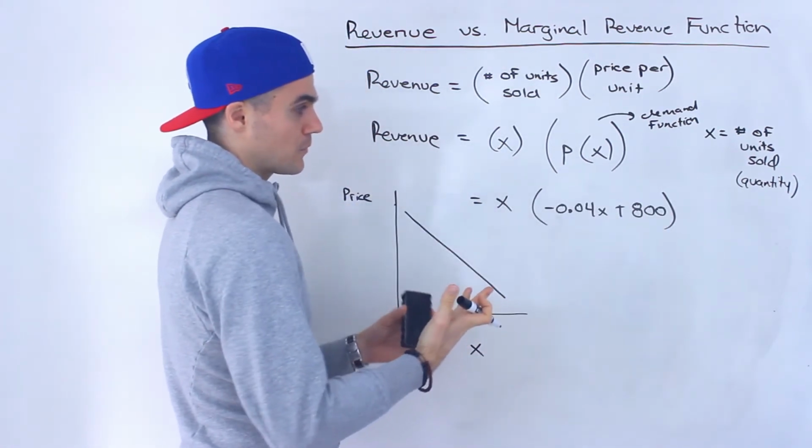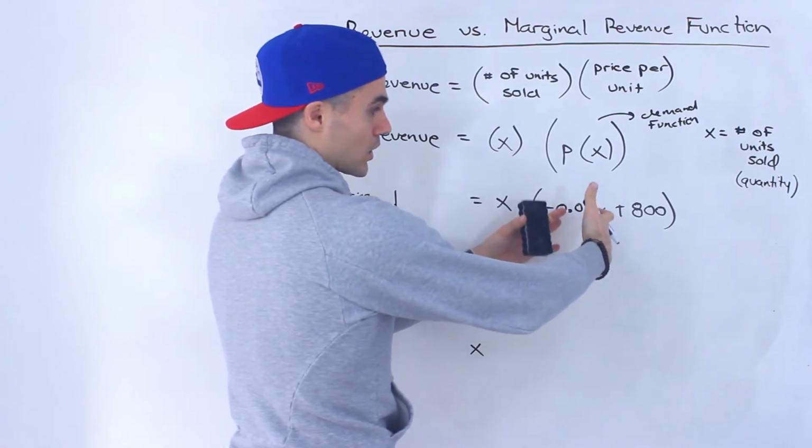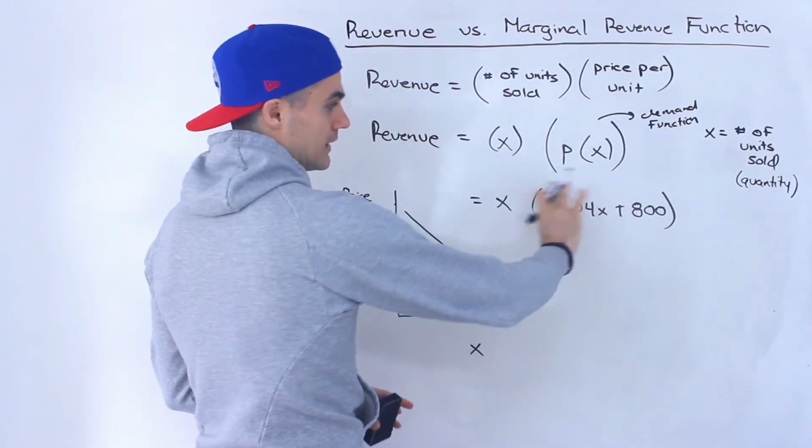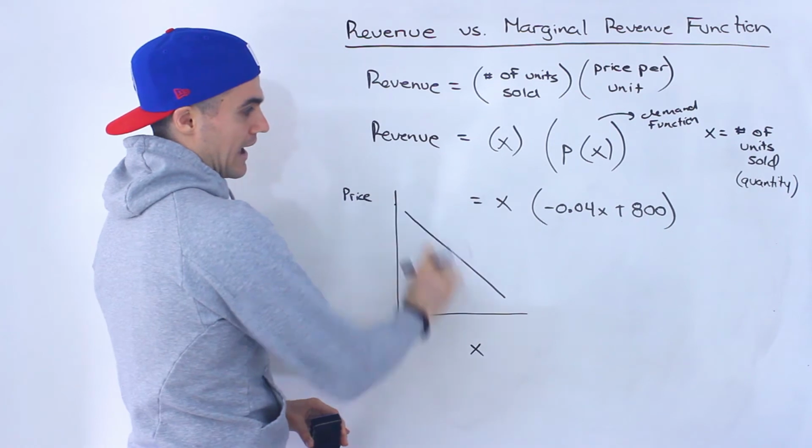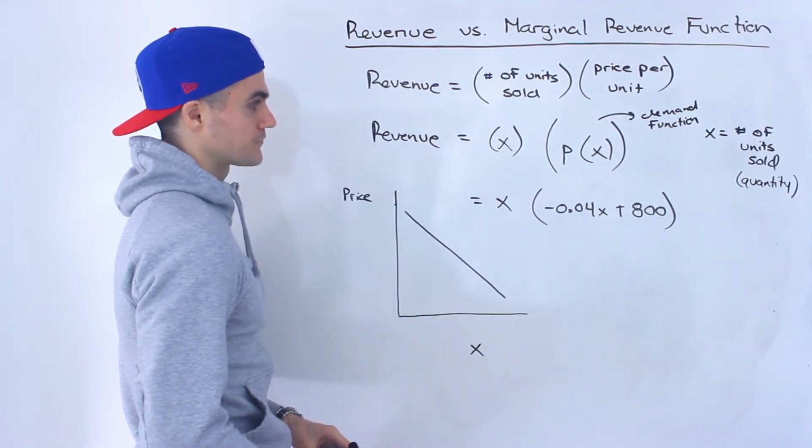It could be given in different formats. You might even get a quadratic sometimes, or a cubic. In this case, let's just keep it as a line.